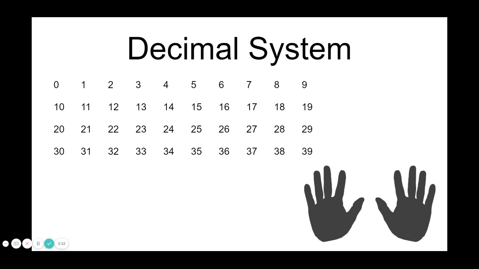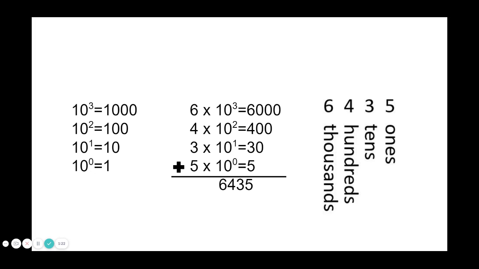It should come as no surprise to us that we use the decimal system, considering we have 10 digits or 10 fingers on our hands on which we can count. Mathematically, we can represent place value by saying 10 to the 0 is 1, 10 to the 1 is 10, 10 to the 2 is 100, 10 to the 3 is 1,000, and so forth.